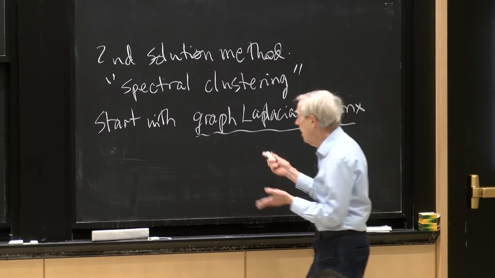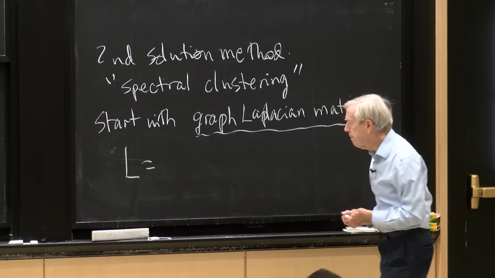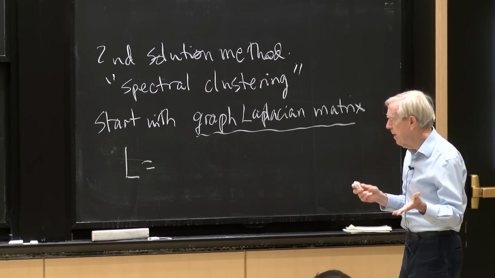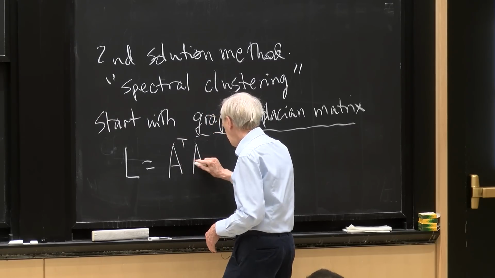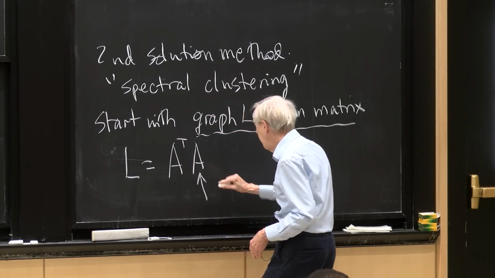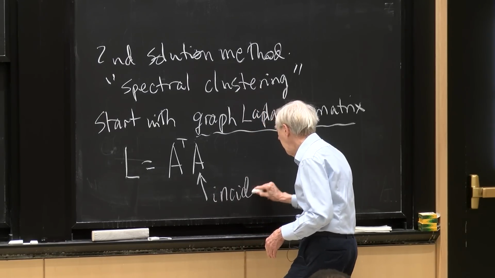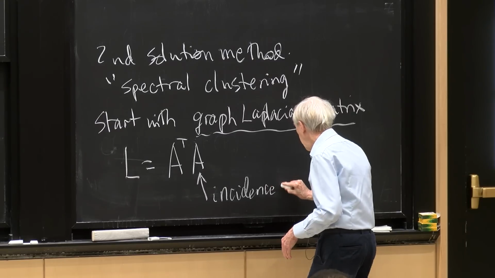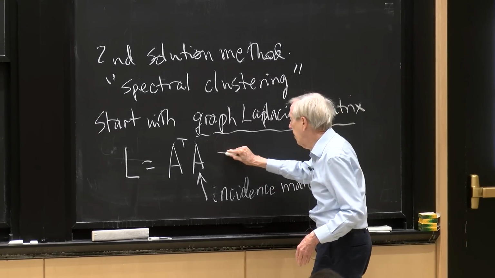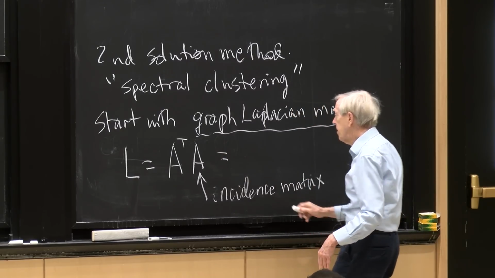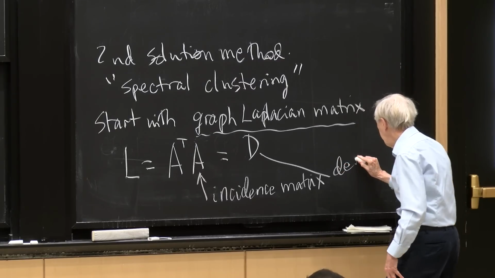Okay, so let me say L for Laplacian. One way to describe that matrix is as A transpose A, where A is the incidence matrix of the graph. Or another way we'll see is D, the degree matrix.